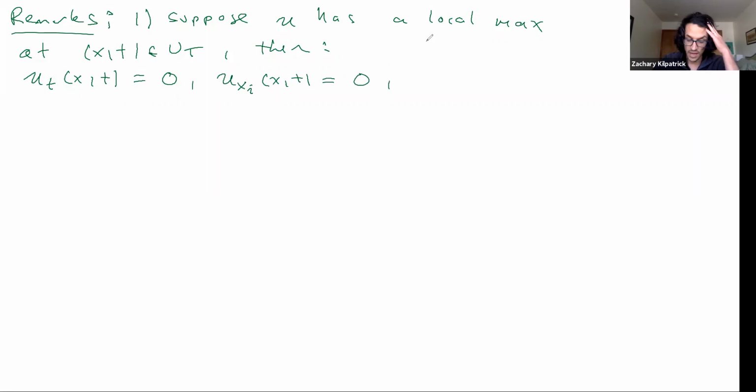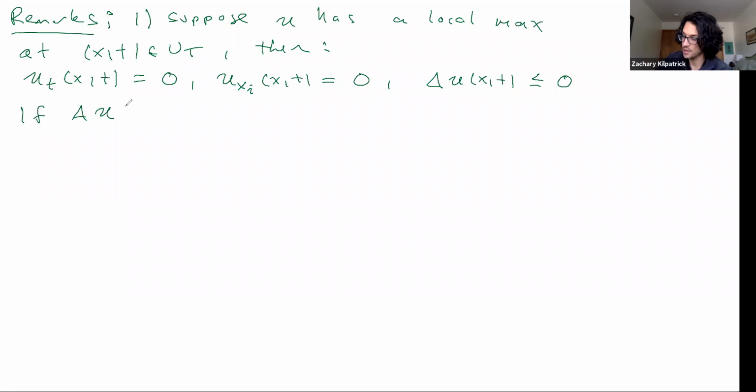Because we have a local maximum, right? And we also know that the Laplacian of u is less than or equal to 0, okay? That's just the definition of a local max in multiple dimensions, okay?